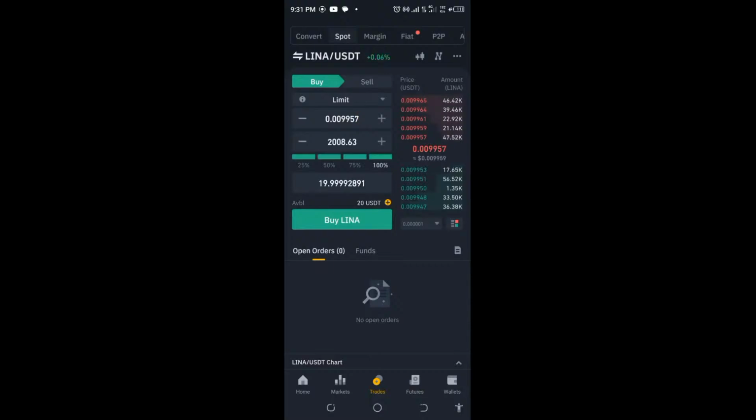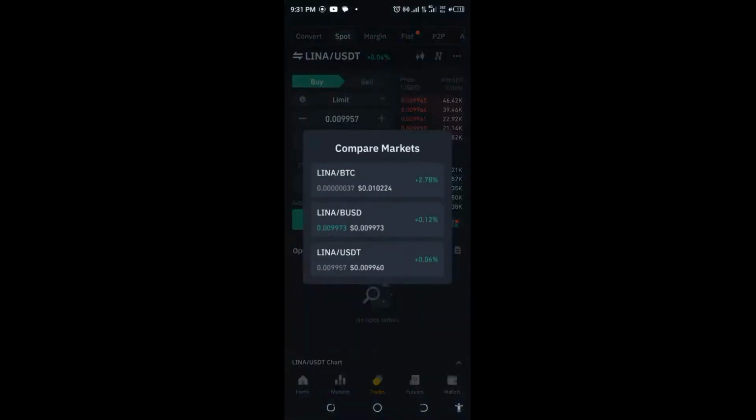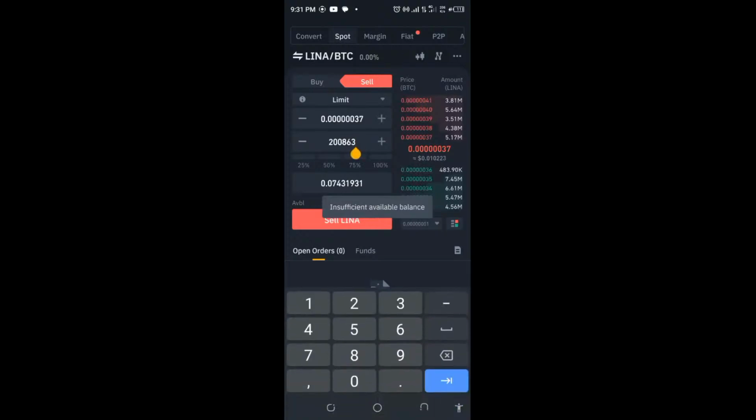So let's do this, okay? So what we have here is 2008.63. Let me copy that. And then I'll go over to BTC and try to see if I could sell this, okay? Let's put this here. Now remember that Lena doesn't recognize that decimal point. So what we have here now is 0.000742.